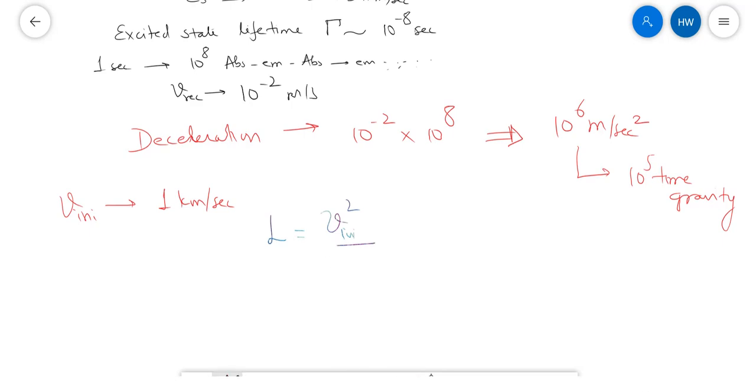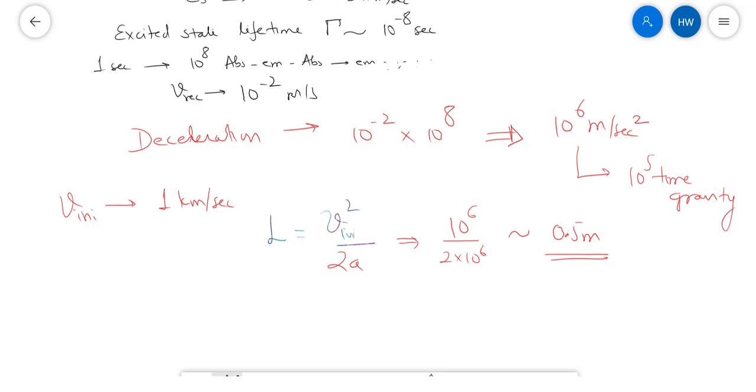We are talking about 10 to the power of 6 divided by 2 into 10 to the power of 6, which roughly gives me about 0.5 meters. So within half a meter, I can make an atom coming extremely fast come to a complete stop.